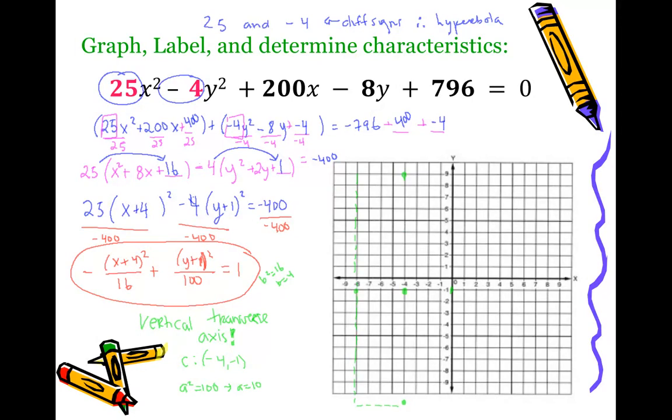All the way down, turn the corner, all the way down. So let's get these asymptotes drawn. Through that corner. There's one.